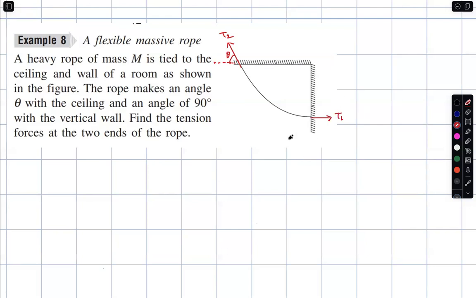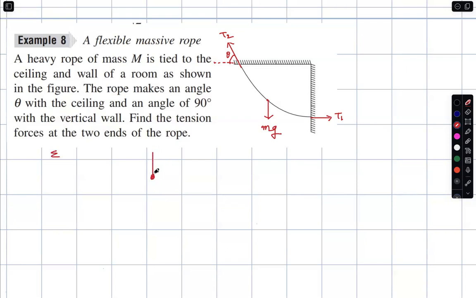Now, I am drawing the free body diagram of this rope. Somewhere here you will have the weight. Now I am taking the entire thing as a point.